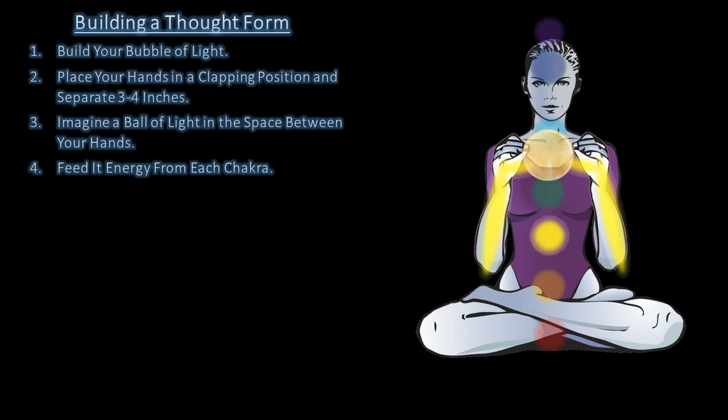Now, feel the bright green energy from your heart chakra moving through your body, through your arms and hands, and into this ball of energy. Feel it now growing and expanding and pulsating as it fills up with this energy.